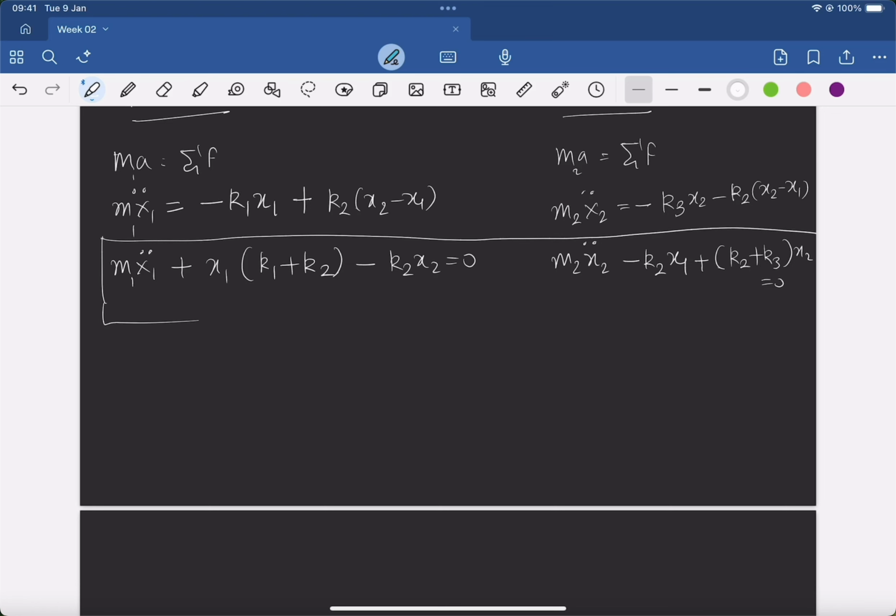Now let's just try to copy and paste what we had before. This is now, and this is before.